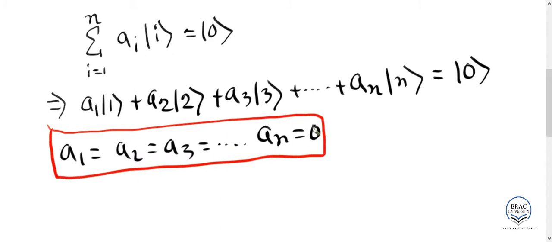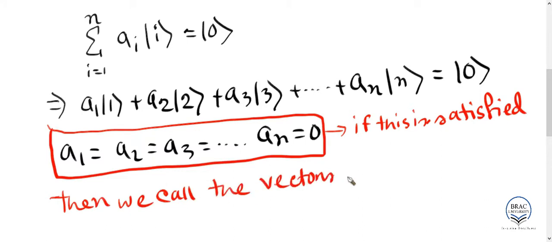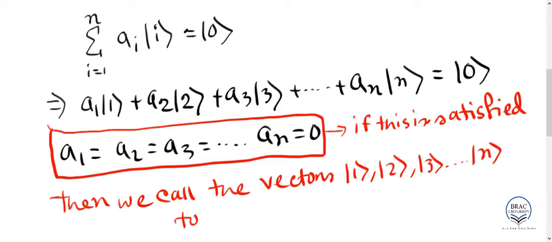And if this is satisfied, then we call the vectors v1, v2, v3, up to vn linearly independent.